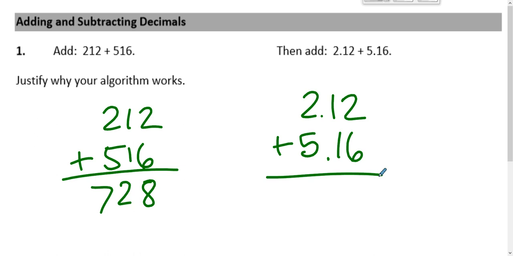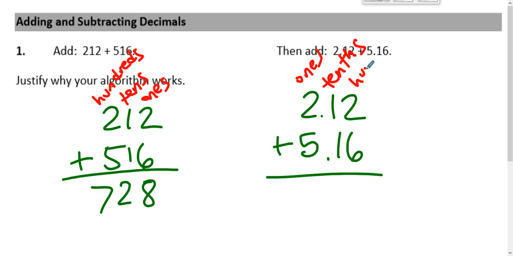Well, in the same way that we lined things up, ones, tens, hundreds, and the whole system is based on place value, the same thing happens here. These are ones, these are tenths, these are hundredths.